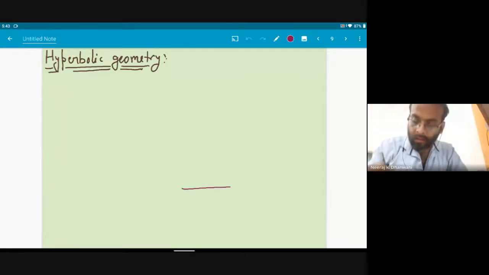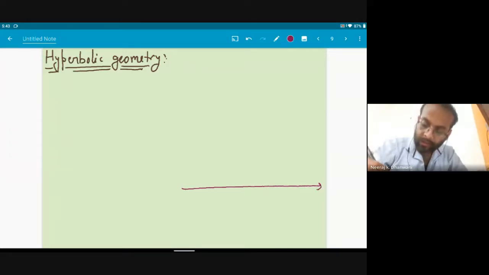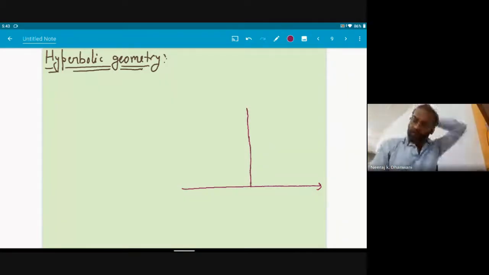Again, I have this x-axis. I am just taking the upper half. Sorry for this. This is again too easy to see.